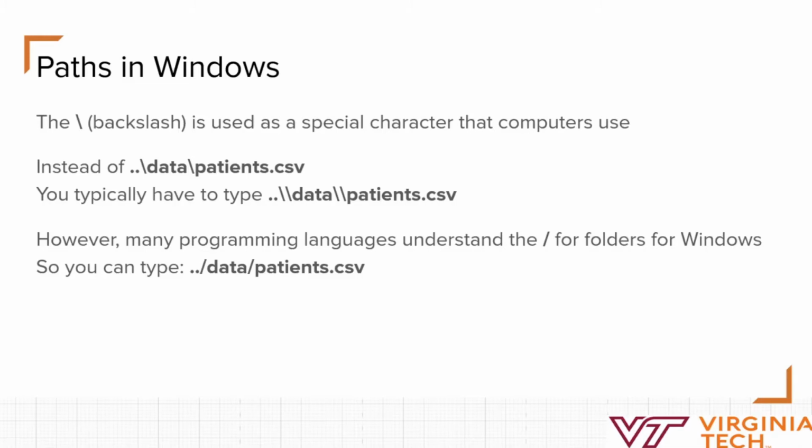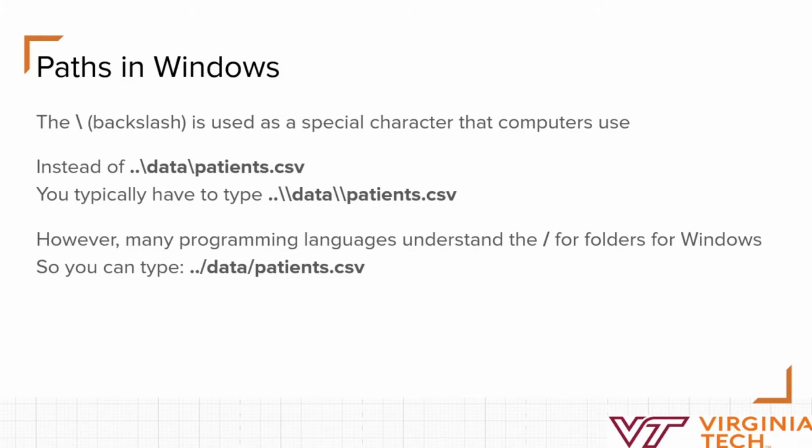However, for many programming languages, that \ means something totally different. It really means treat the next character as a symbol. So like \d would be treated as a symbol of some kind. Or \space for many computers means treat the next character literally, that's how you put a space into a file name. So on a Windows machine, if you are going to use the \, you have to put 2 backslashes in R.